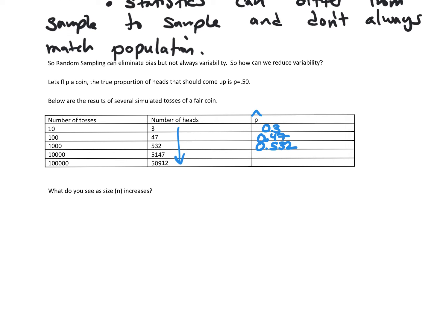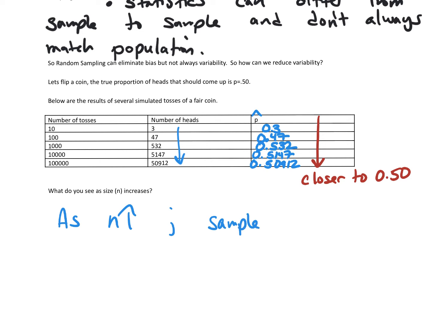But if you look at the proportion, as I actually divide these numbers out and get my sample proportion, you'll notice even though I'm getting further away from the theoretical value, these p-hats are actually getting closer to 50%, and that should be the true value. So what you start to notice as n increases, as n goes up, as you sample more and more people, the sample statistic will approach the parameter.